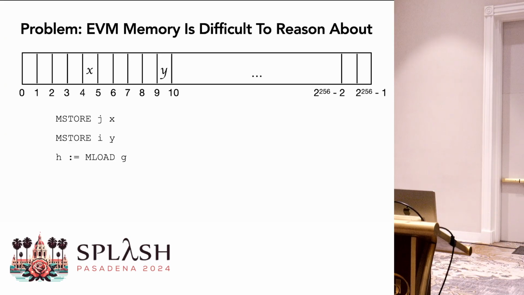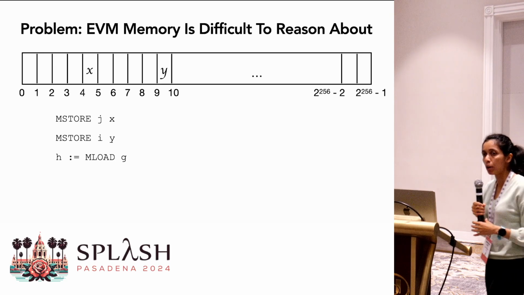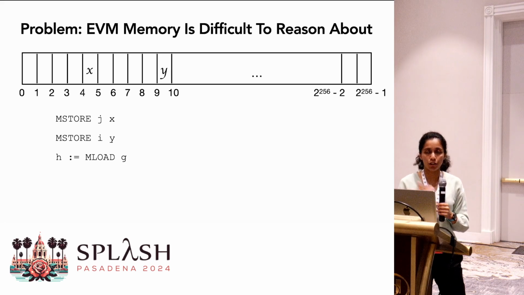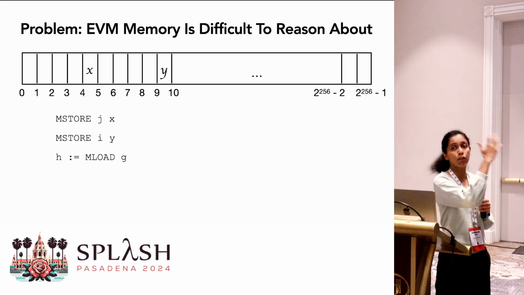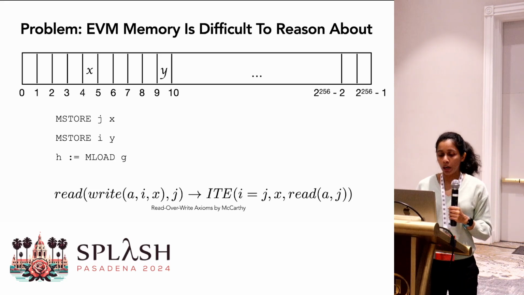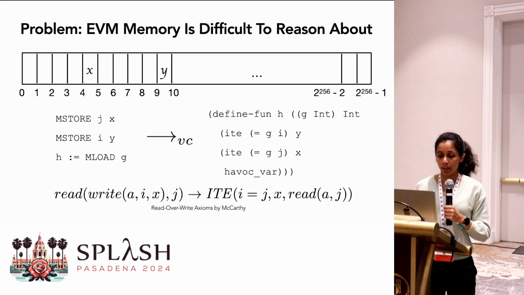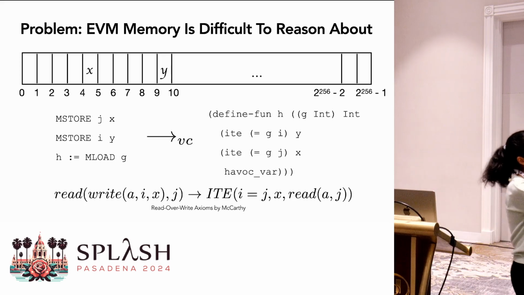So here I have a very simple example. mstore just means memory store, right? So it's just a store operation. We are storing x at location j and y at i, and we're just reading from g. When we generate the SMT queries, it's going to look something like this. Each of those mstores is going to get converted into these if-then-else expressions.